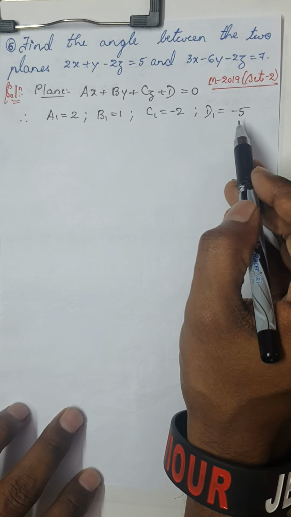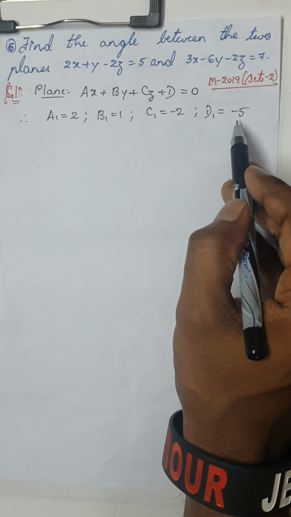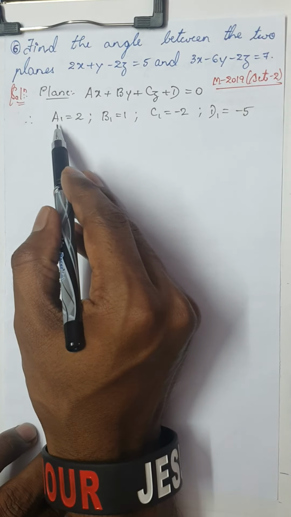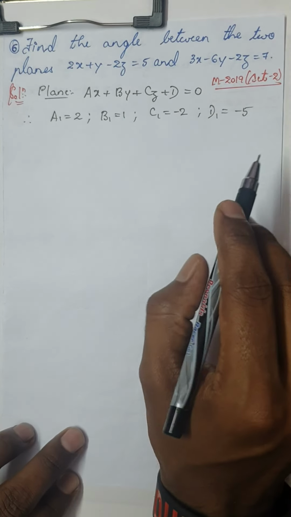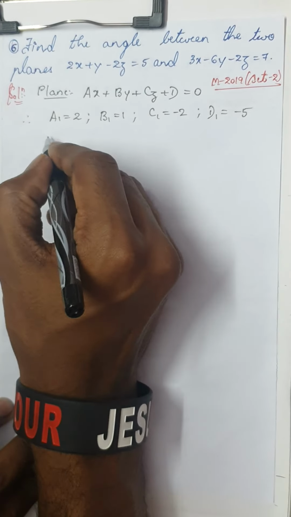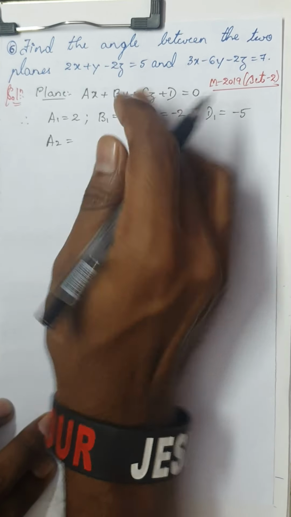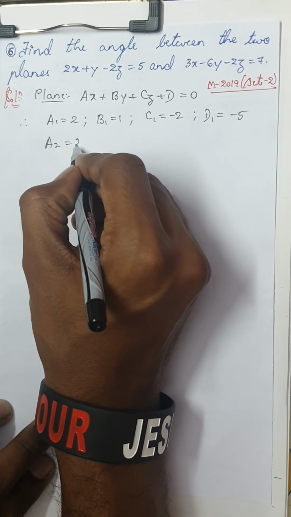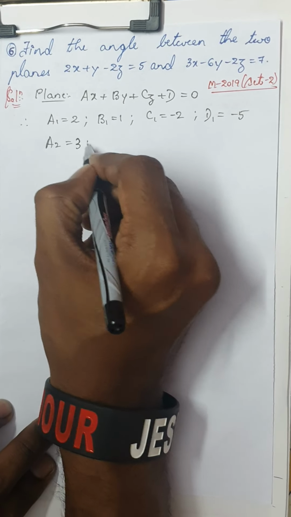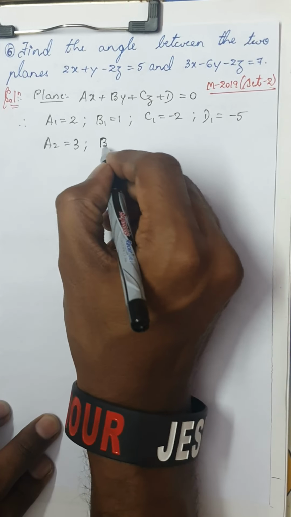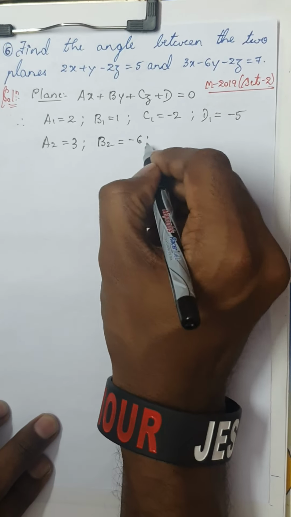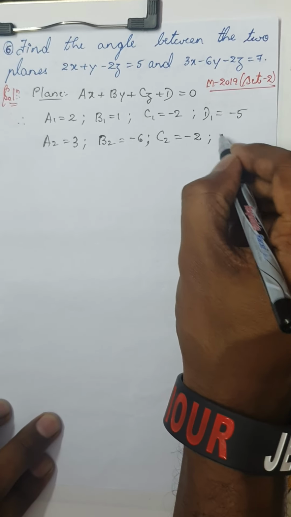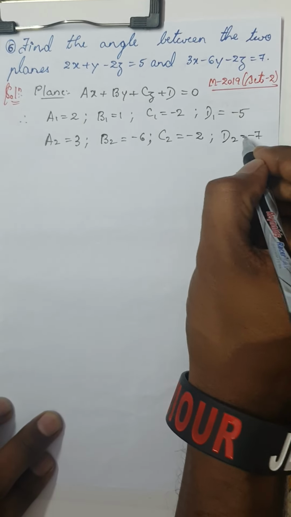Anyhow, you don't need the value of d for this question, because to find the angle between the planes, I just want a1 b1 c1 and a2 b2 c2. But anyhow we shall write also: a2 will be the coefficient of x in the second equation. So coefficient of x is 3, which is a2, b2 is -6, c2 is -2, and d2 would be -7.